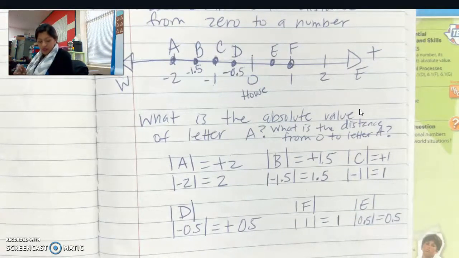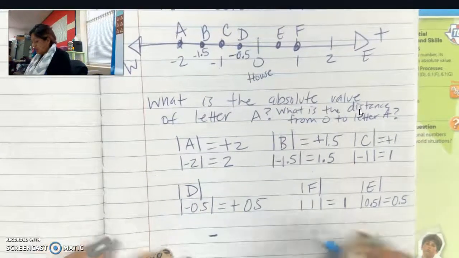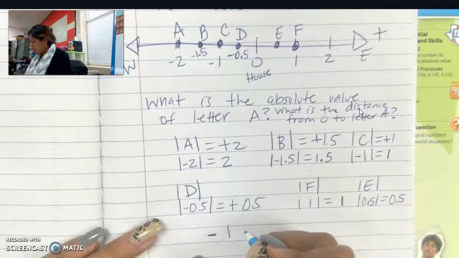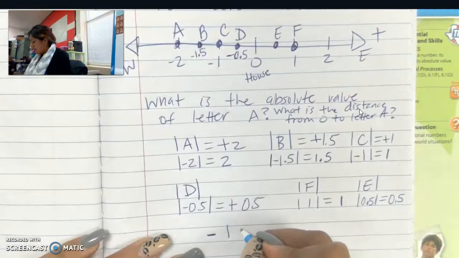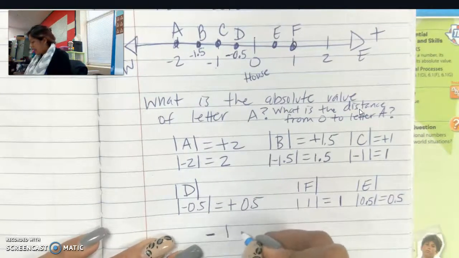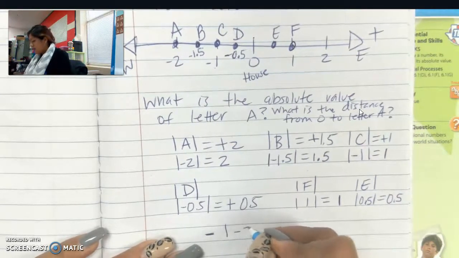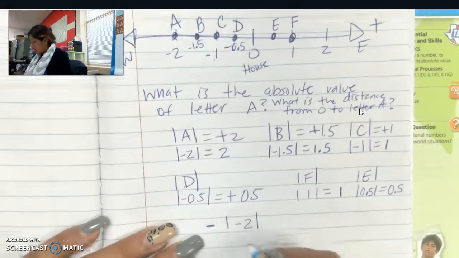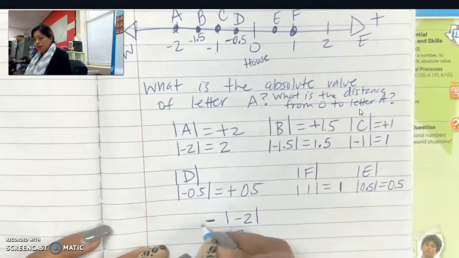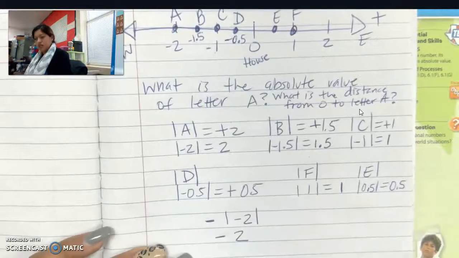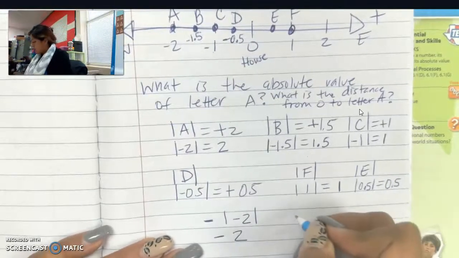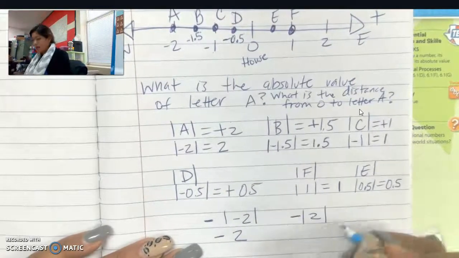There's one more thing I want to tell you about absolute value. So if the negative is on the outside, for example, if I have a negative on the outside and then I have a negative on the inside, well, the inside changes to a positive number, but the negative doesn't go away. So that's just a -2 right there. What about if it's a positive?